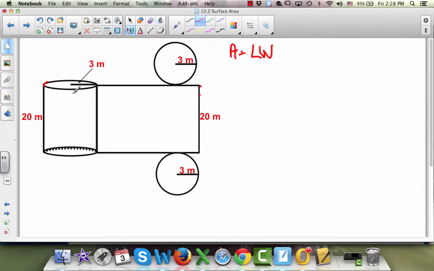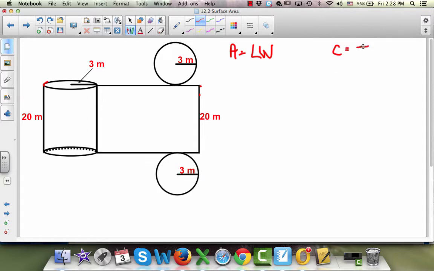Now think about this. Whenever you take this and you unfold it, what you've done is unfolded the circumference of this circle. So what we need to do is find the circumference of this circle, and that will tell us how long this part of the rectangle is. So let's find the circumference of the circle.